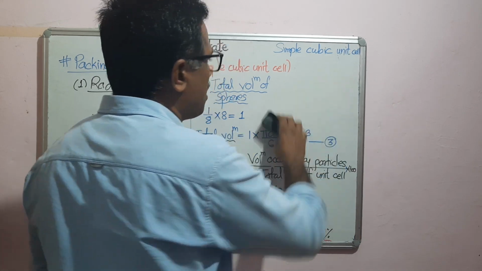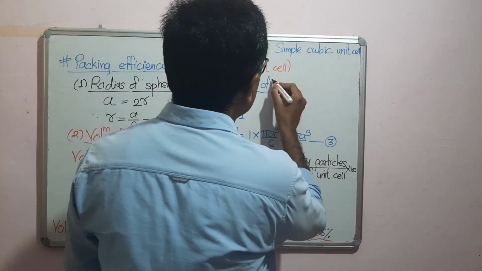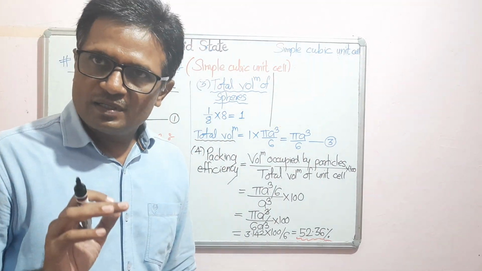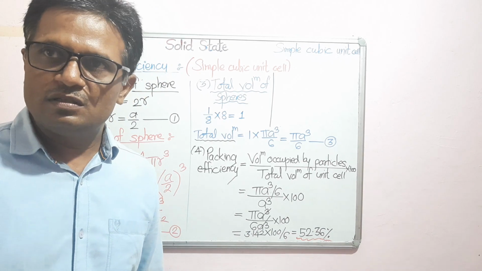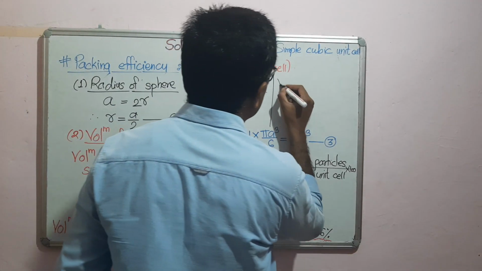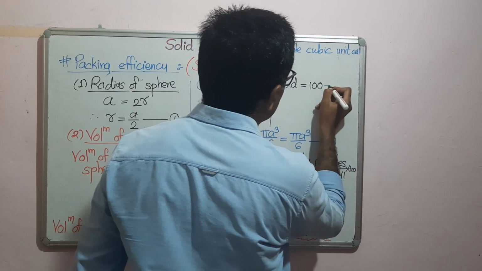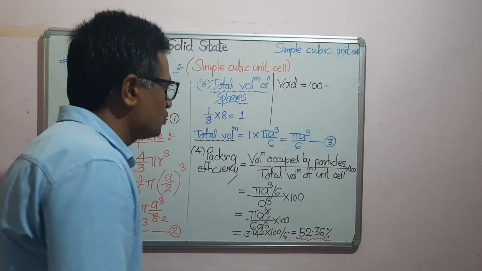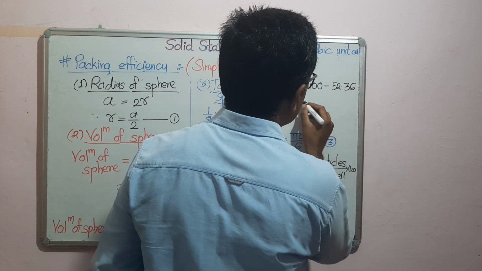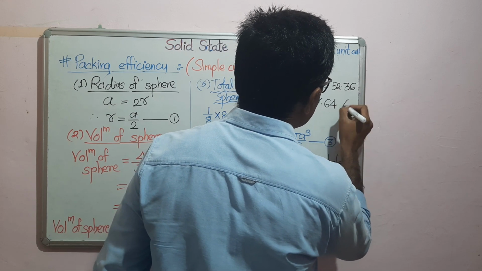That means 100 minus 52.36 gives you the void. Void means empty space. So how to find the percentage of void? 100 minus 52.36 comes out to be, I think, 47.64%.